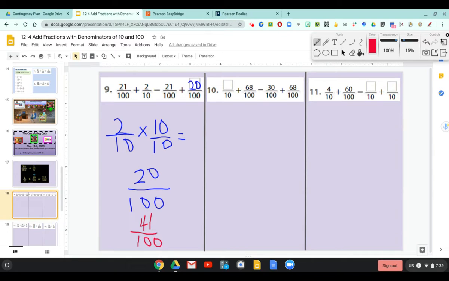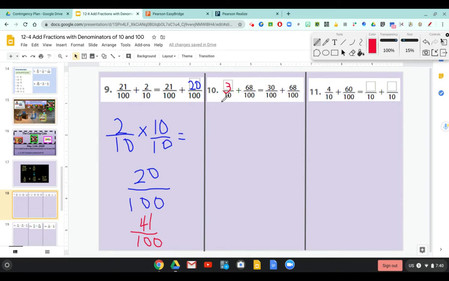Okay, welcome back, everybody. So here we've talked about with 30 hundredths, what was that when it was tenths? Well, to make it hundredths, they added the 0 to the numerator and a 0 to the denominator. So originally, this problem was 3 tenths plus 68 hundredths, but they did the conversion for you.